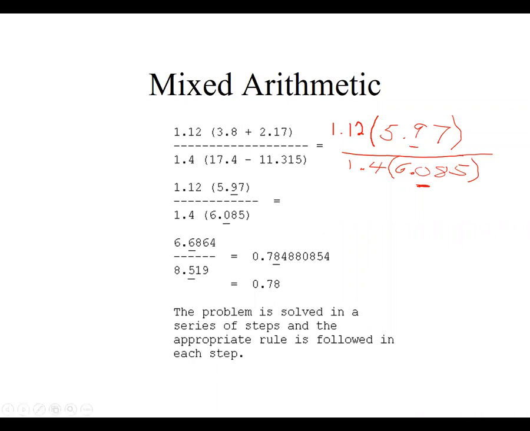Okay, so I don't multiply 1.12 by 6.0. I multiply 1.12 by 5.97, to crunch that down to one number. If that underline wasn't there, I might forget and think that both the 1.12 and the 5.97 have 3 significant figures.